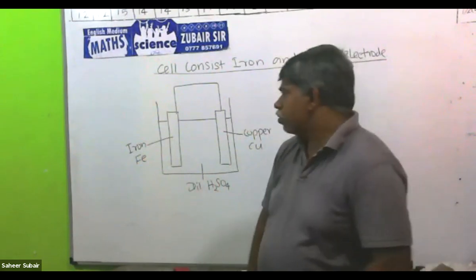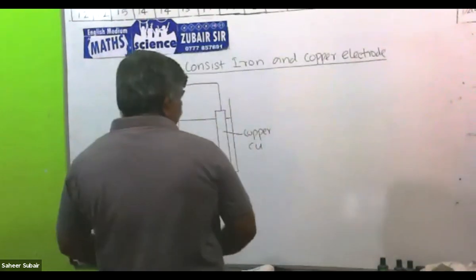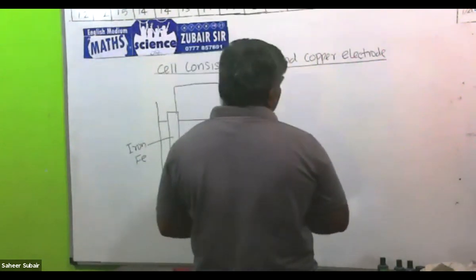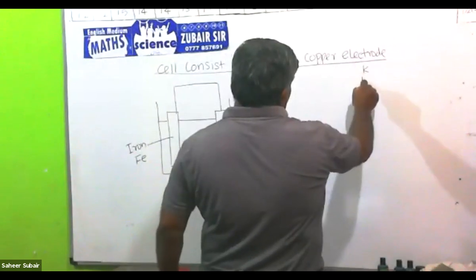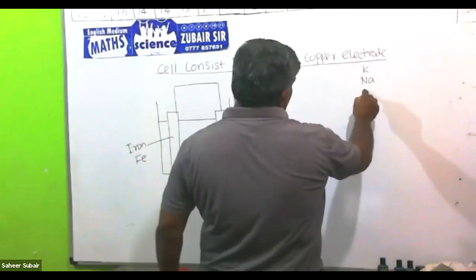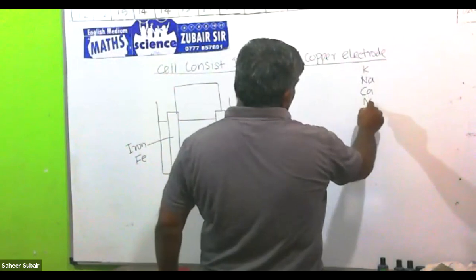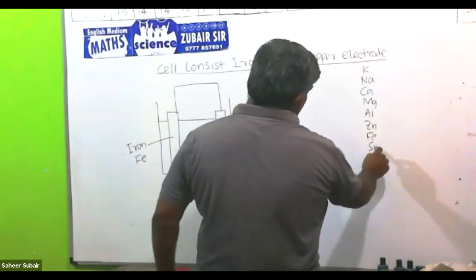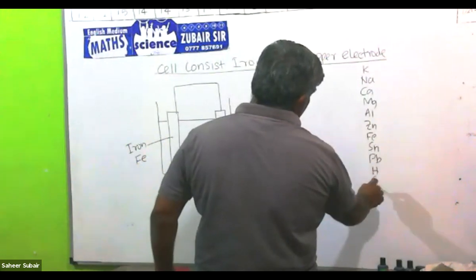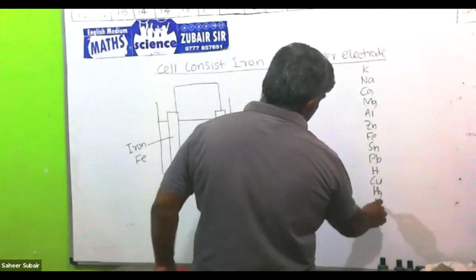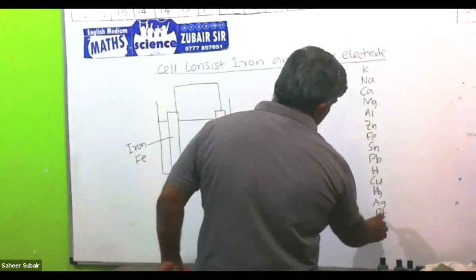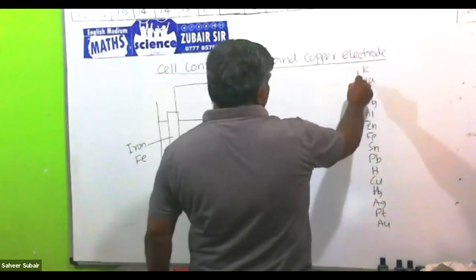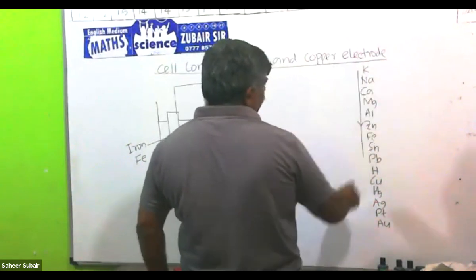How to decide that? When they give two metals, you could have studied the activity series in grade 10. This is the activity series. Activity series means descending order of the activity.